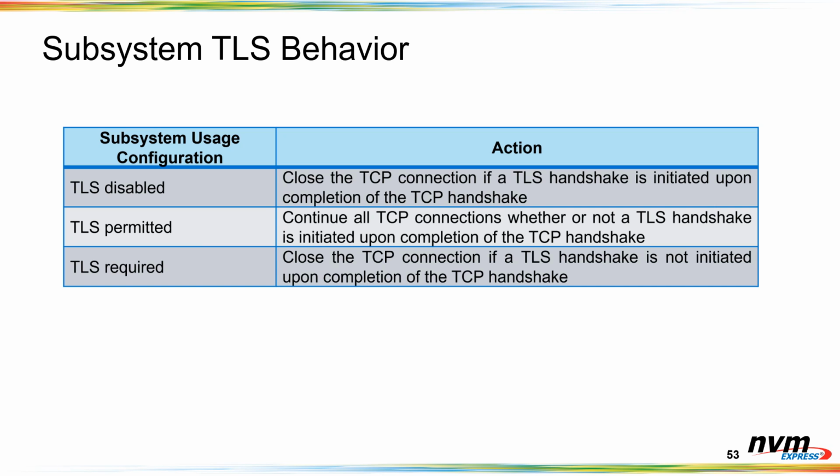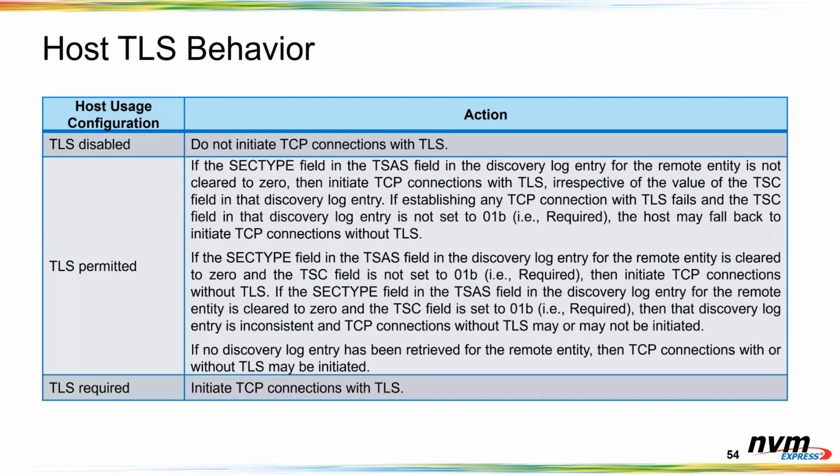So if TLS is required and after completing a TCP connection, the subsystem gets an NVMe command rather than a TLS handshake, it will close the connection. If instead a subsystem is in permitted state, it will continue all TCP connections, whether or not a TLS handshake is initiated upon completion of the TCP handshake.